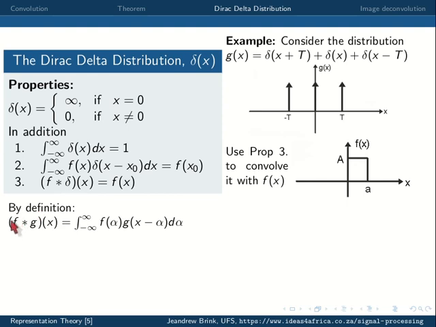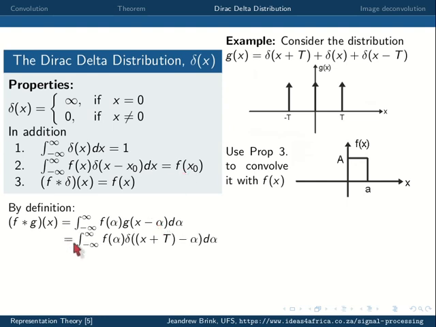Here we have the definition of our convolution, f star g of x, which is simply the integral from minus infinity to infinity of f of alpha g of x minus alpha d alpha. And so if we now substitute in g over here, wherever g is, we replace it with this, and we replace x with x minus alpha.